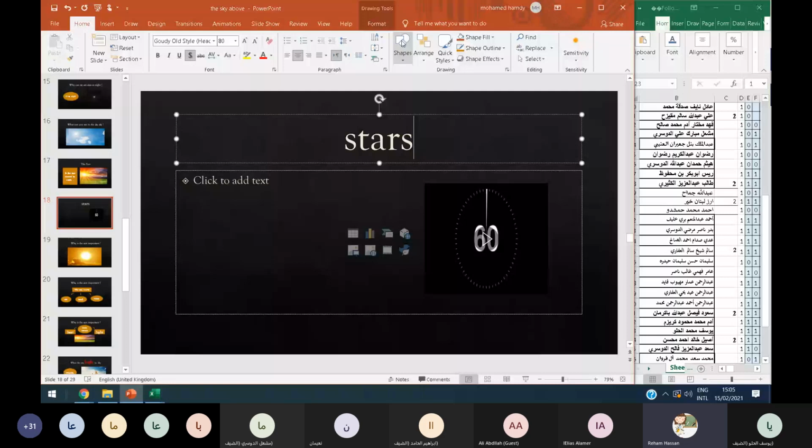But what can we see in the day sky, Fahad? Yes, Fahad. What can we see in the day sky? In the day, we can see a star, a big star, so bright. It's called? One more time, it's called?